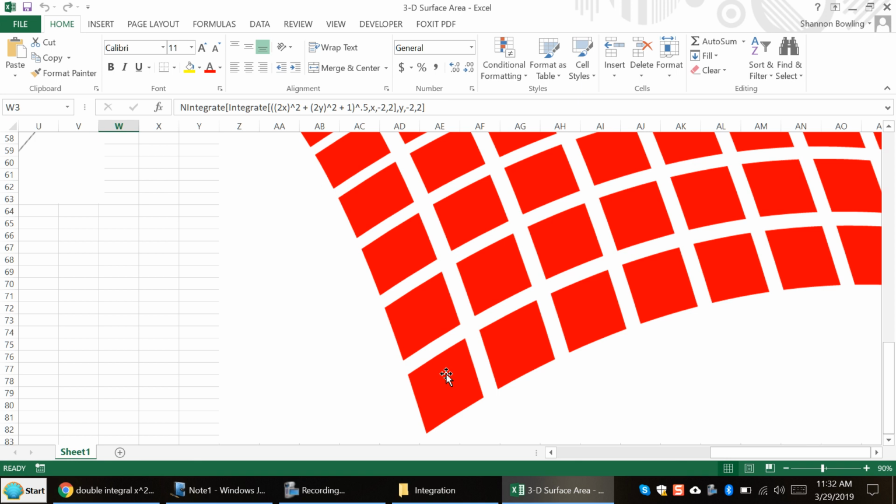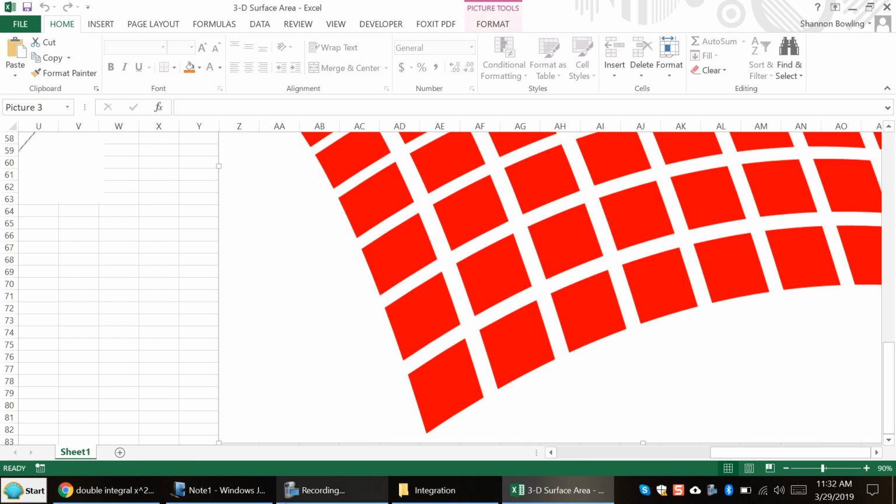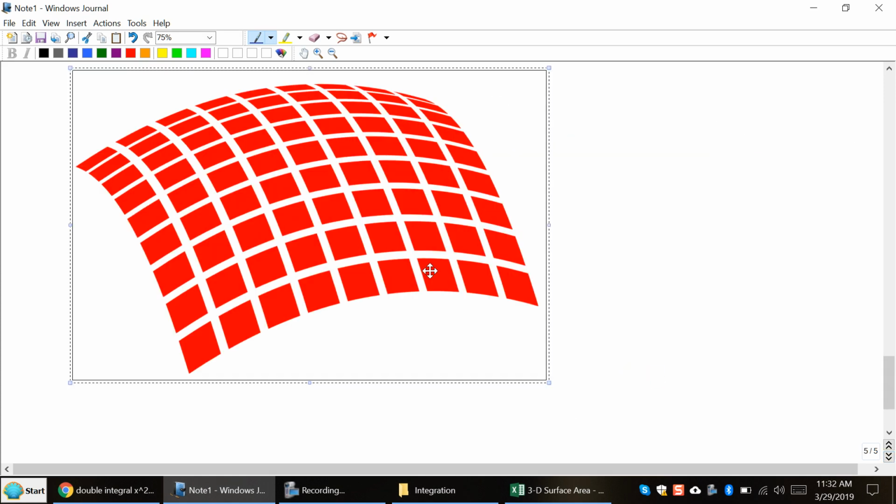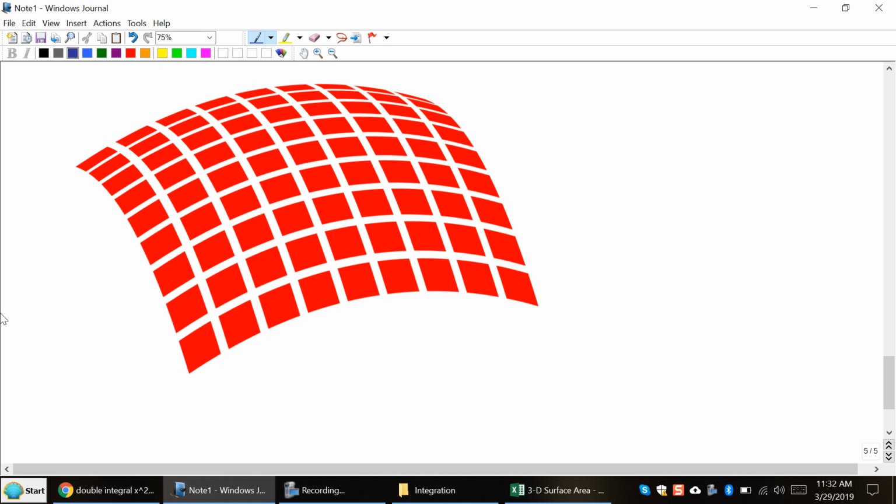Here's what you can do, and this is what I did: instead of trying to figure out the area of a quadrilateral, let me just break each one of these up into triangles. This is actually how graphics art programs do this. They're called facets, I guess. They break everything up into triangles, and here's why.